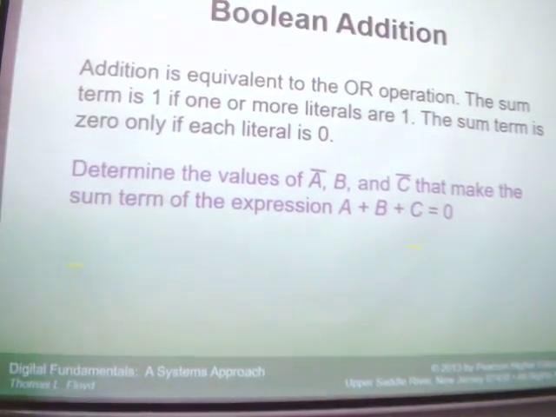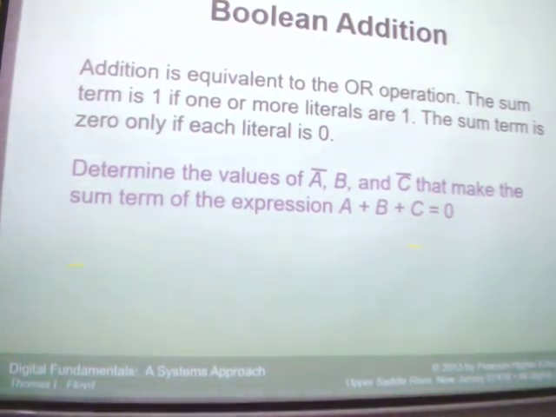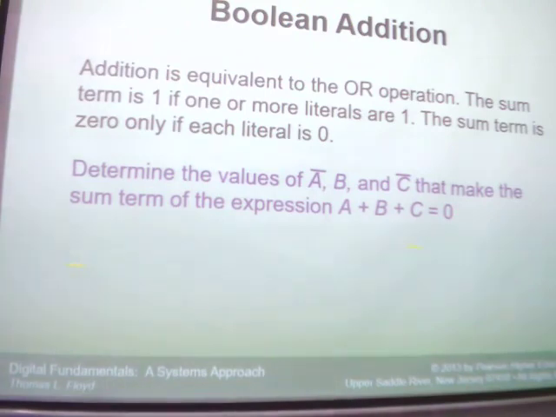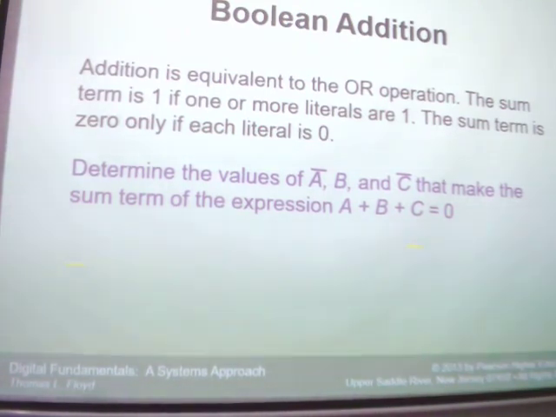0, 0, 0. Yes. A equals 0, B equals 0, and C equals 0. Then, what is the value of A overbar? 1.